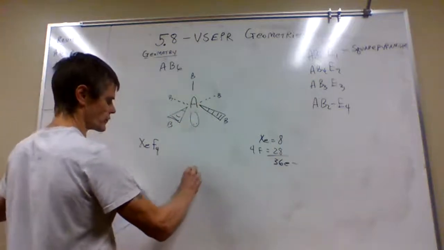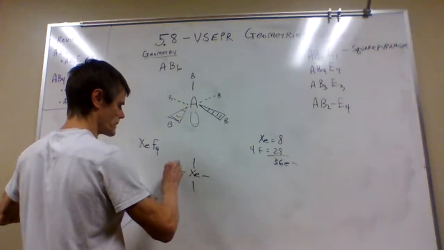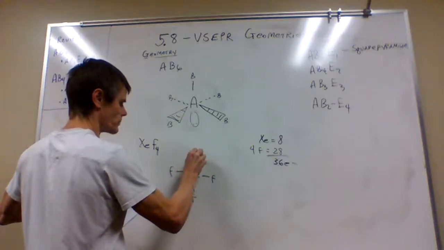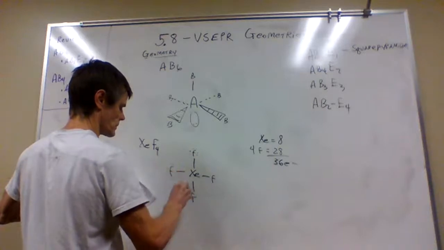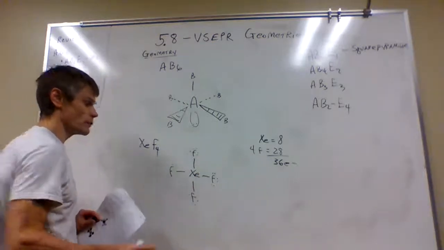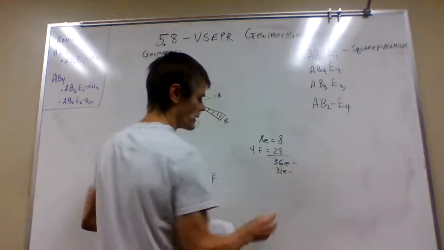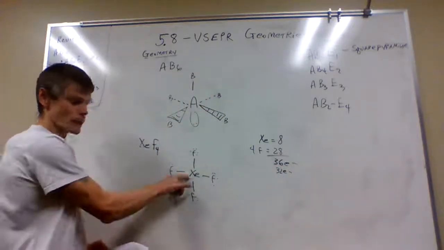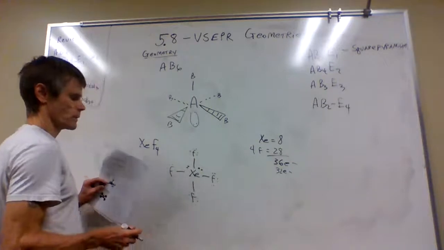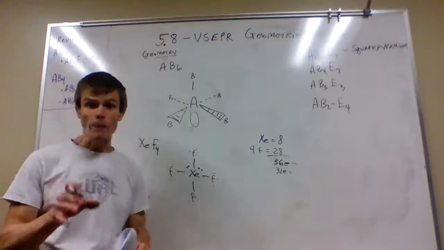In this case, we would have our central xenon, and we would have 4 fluorine. And each fluorine would have a complete octet. We see now that we've used up 8, 16, 32 electrons. And we have 4 electrons left over, and we're going to give those to xenon. And let's recognize that xenon has 6 electron domains about it.